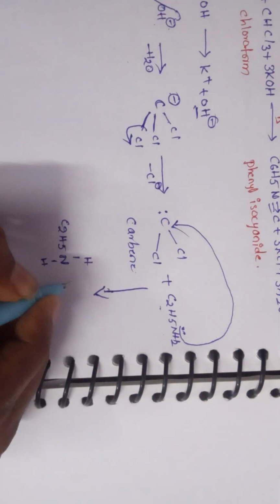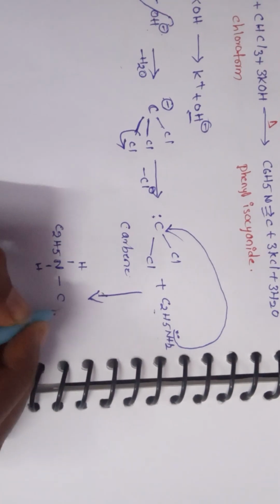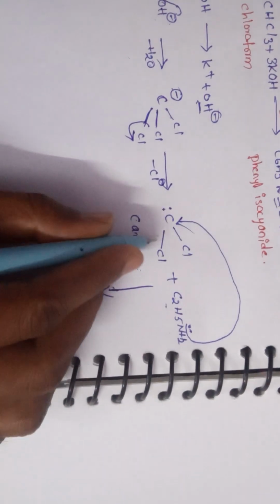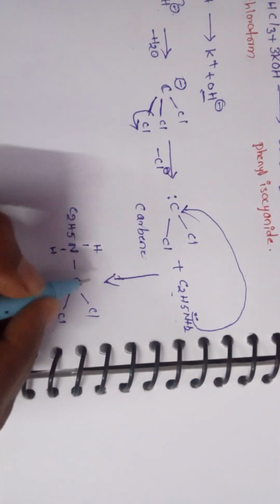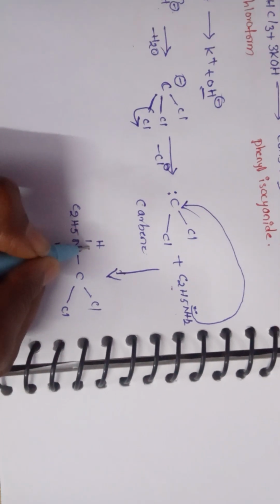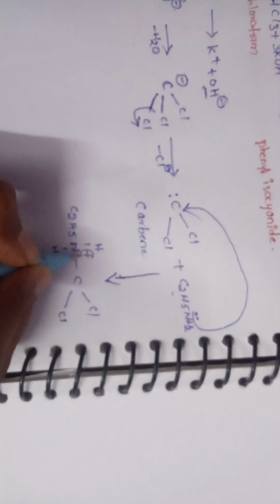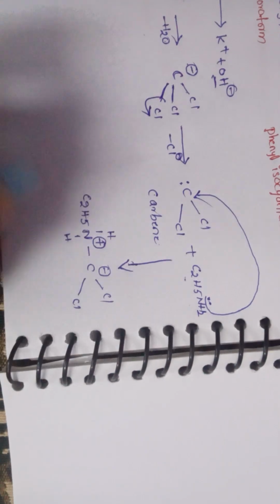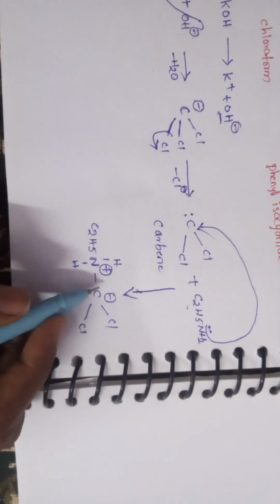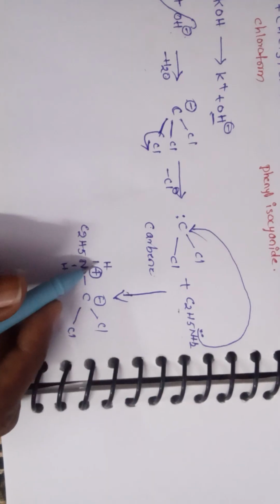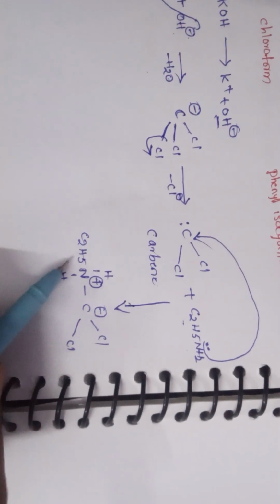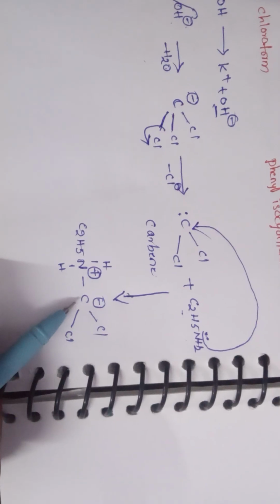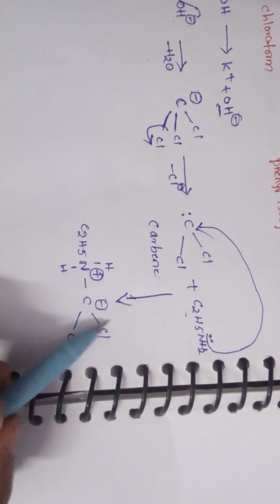Now you have to write carbon with the chlorines. Now nitrogen has a positive charge and carbon gets a negative charge. Why? Nitrogen basically has valency 3 and carbon 4 bonds.